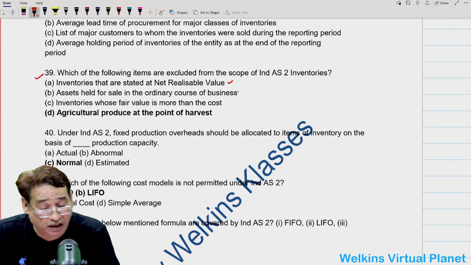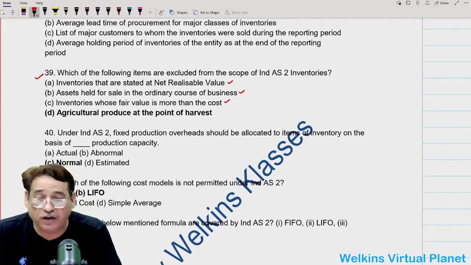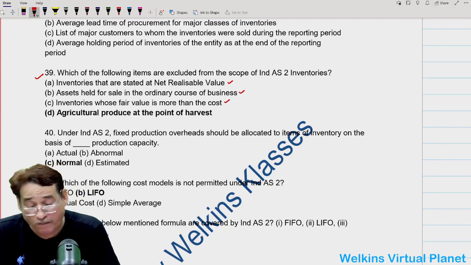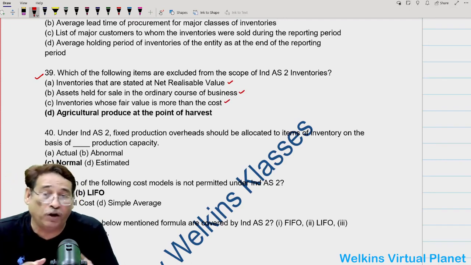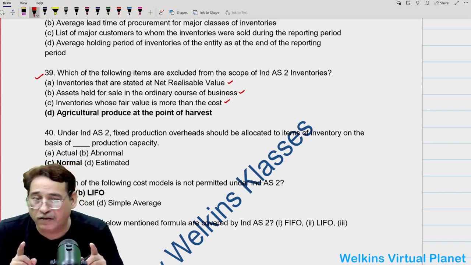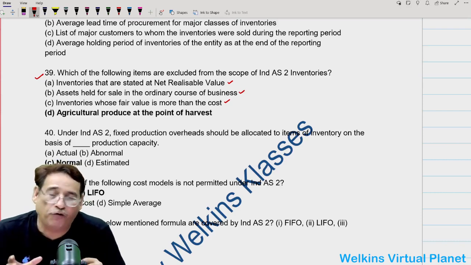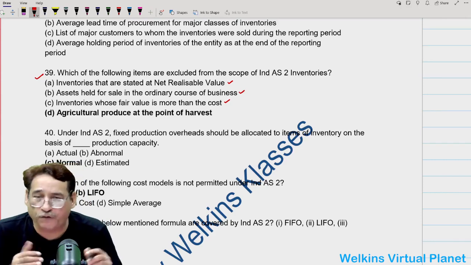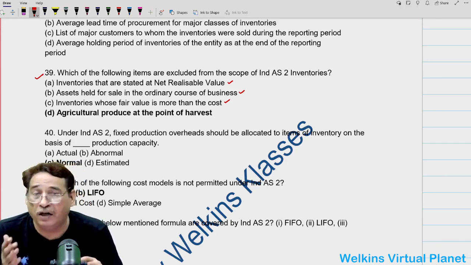Asset held for sale in the normal course of business, we just saw, it will be included. Inventories whose fair value is more than cost will be reflected. But agricultural produce at the point of harvest will fall under Ind AS 41, which is related to agriculture. So it will not fall under Ind AS 2.